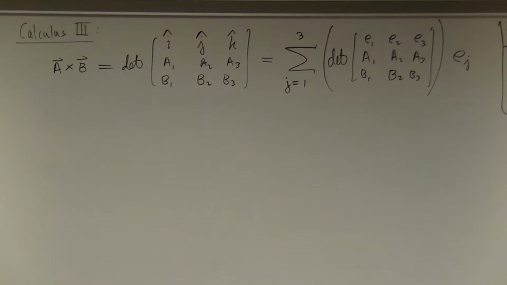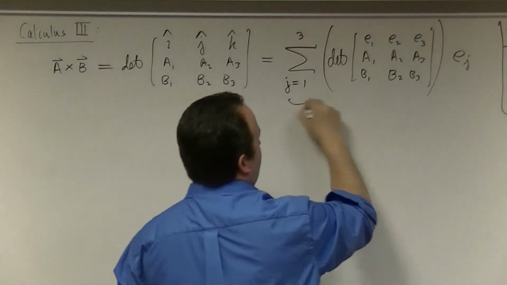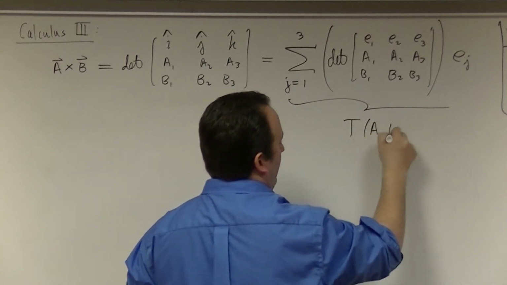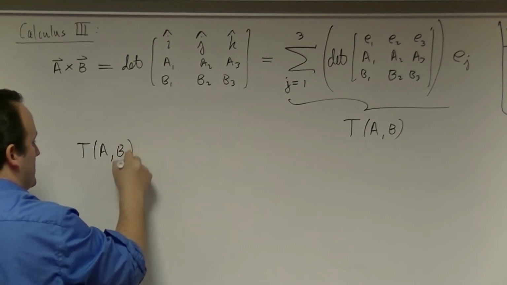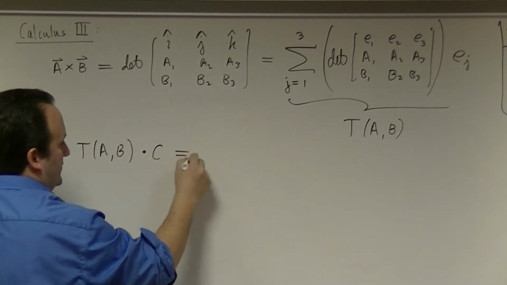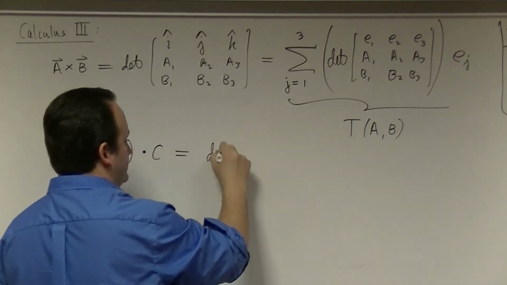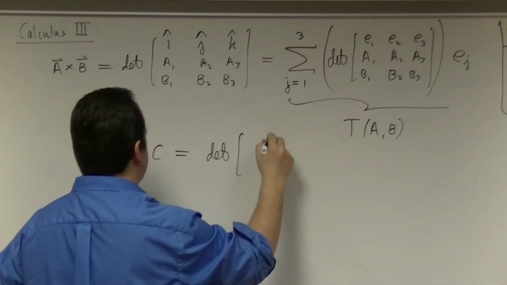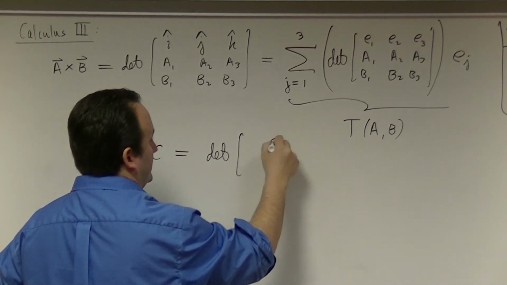Anyway, I have some problems about that where you actually prove things. For example, I call this thing T of A, B, right? And one of your homework problems is to prove that T of A comma B dotted with C is equal to what? It's equal to the determinant, as it turns out, of, I guess we could do C, A, B.